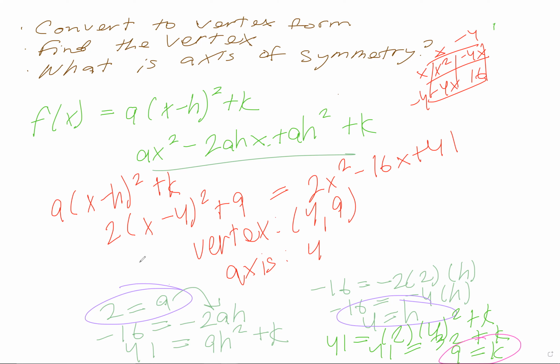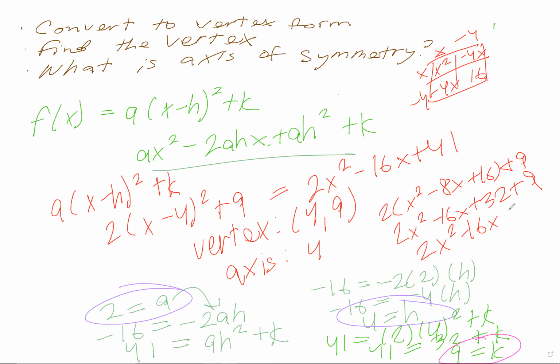So this would be 2 times (x squared minus 8x plus 16) plus 9, which is 2x squared minus 16x plus 32 plus 9. What do you know, we end up where we started. Make sense? If it doesn't make sense, just tell me.